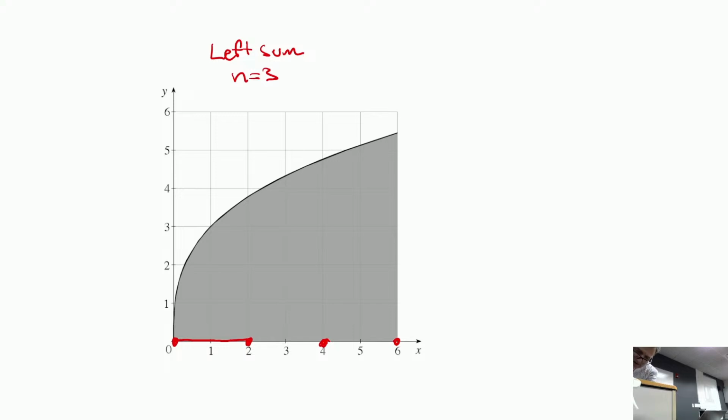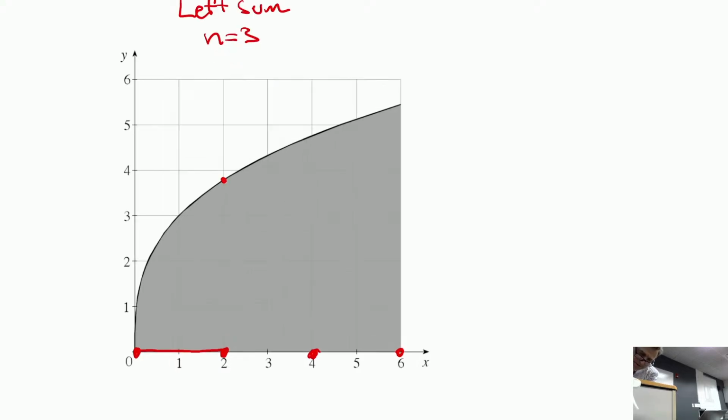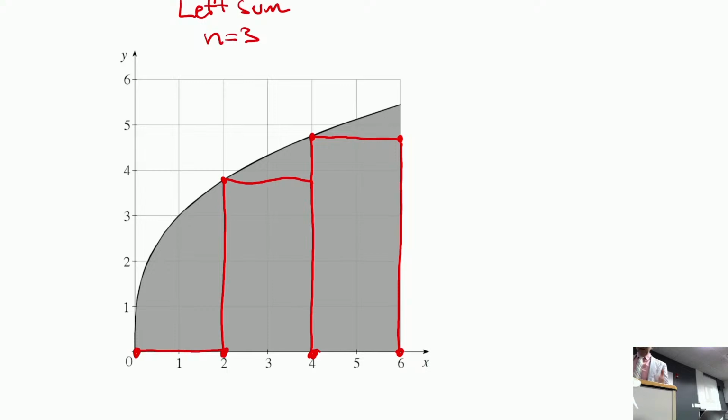Then up here somewhere, does that look about right? And this one will go up to about there. Since I don't know what the actual function is, these are definitely approximations, but the purpose is so that you can see what a left sum looks like and what a right sum looks like.